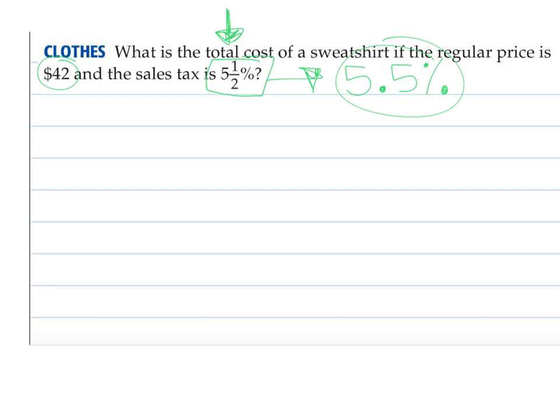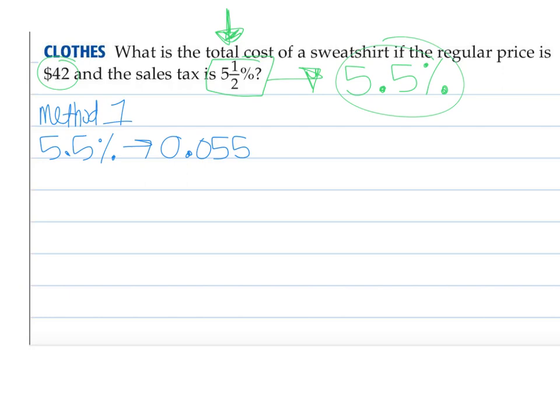I'm going to do both methods again so that you can see. So method 1, I change 5.5% to a decimal. Remember, just because it has a decimal already in it doesn't mean it's already in decimal form. 0.055.